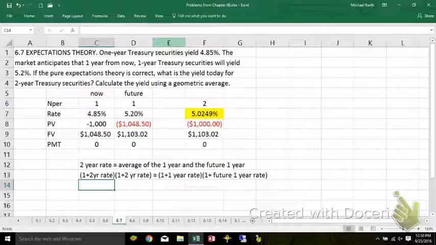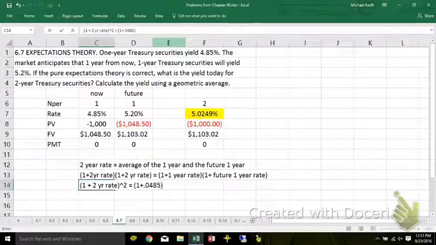Okay, so 1 plus the 2-year rate squared is equal to 1 plus 0.0485 times 1 plus 0.0520. Okay?